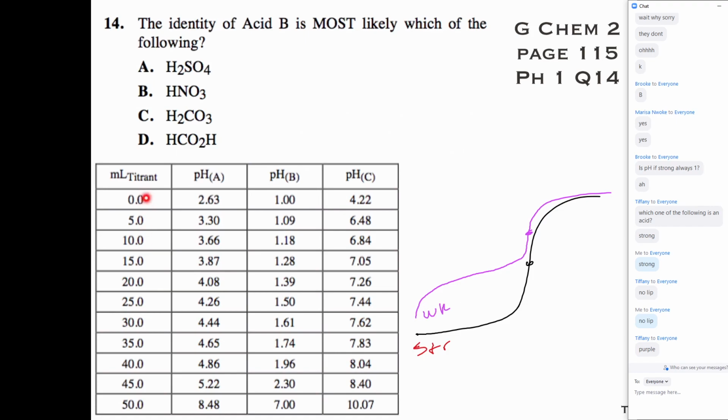So from 0 to 5 to 10 is kind of your start, because it's only going to 50. Did this one change a lot or a little at first? In the middle, it changed a lot or a little? So where's the bigger change? In the beginning or in the middle? I don't know.